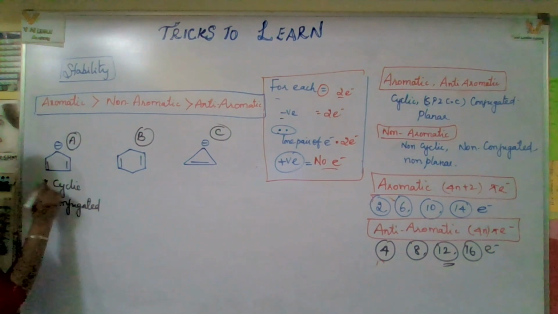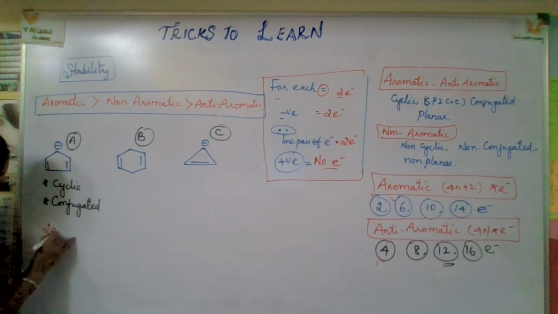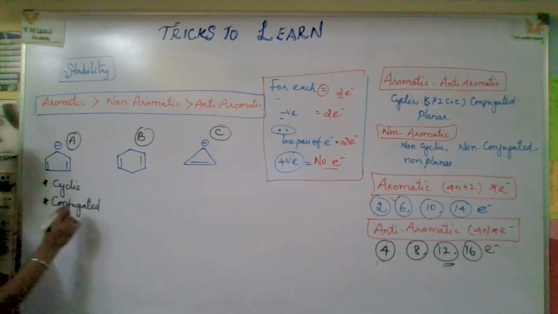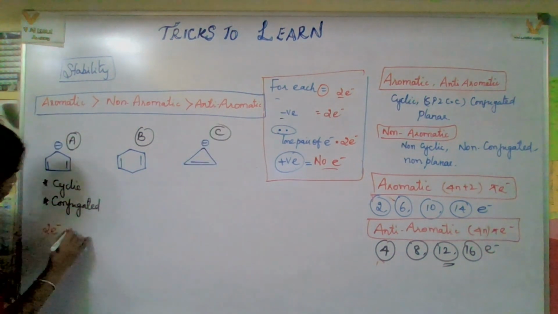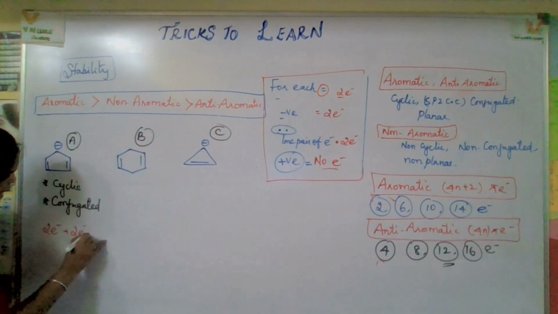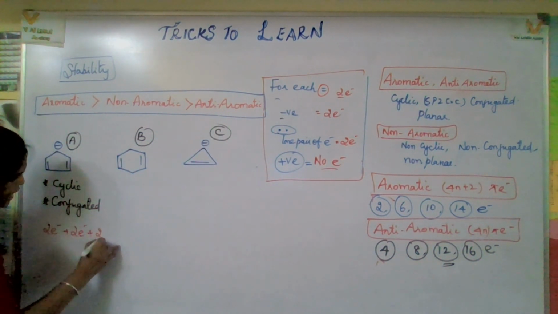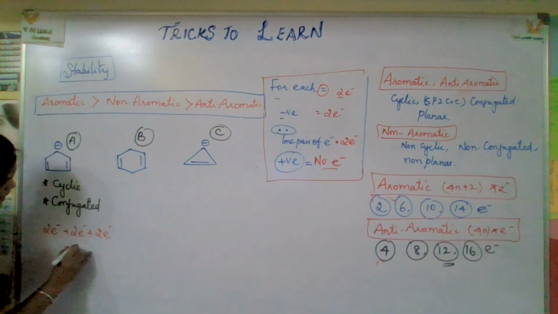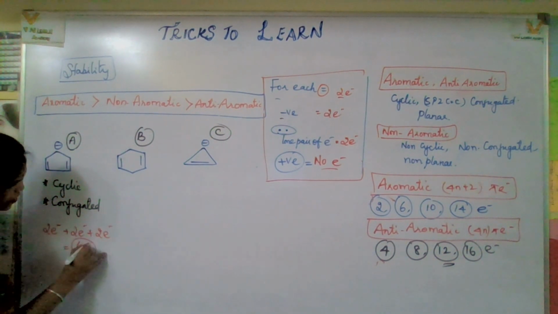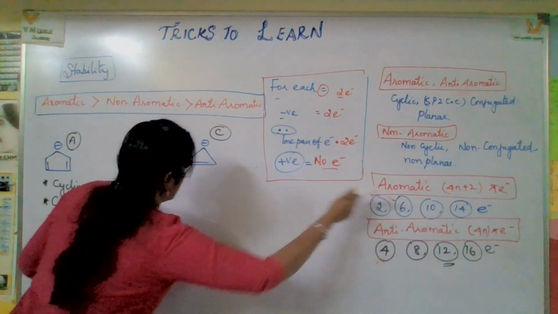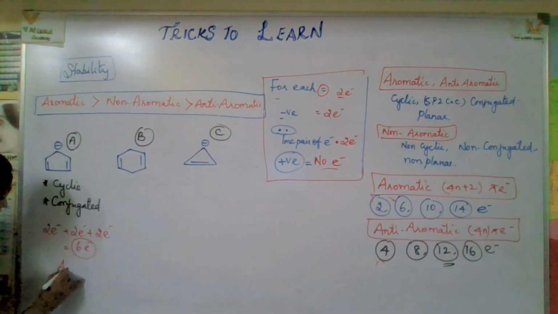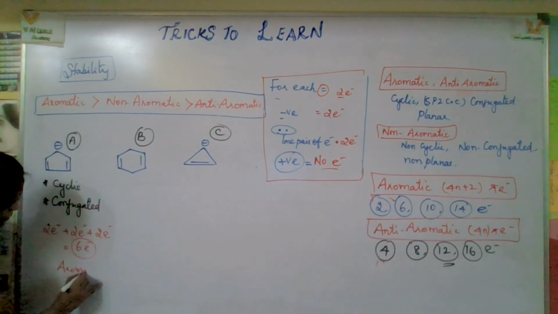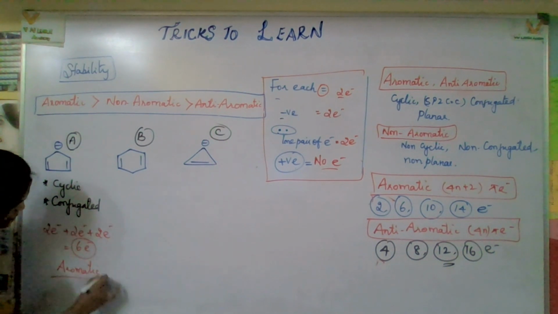For each double bond, 2 electrons, so 2 electrons, plus the negative charge also 2 electrons, and again a double bond, 2 electrons. So altogether it's 6 electrons. So 6 electrons means it comes under aromatic. Yes, it's 100% aromatic.